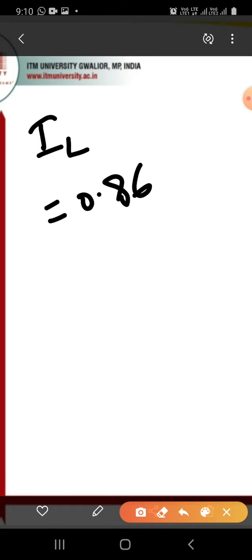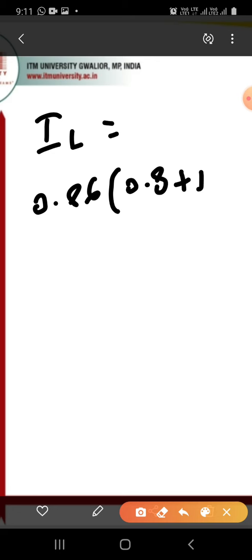So IL is equal to 0.86 into 0.8 plus j 0.6, where this is the cosine component and this is the sine component.